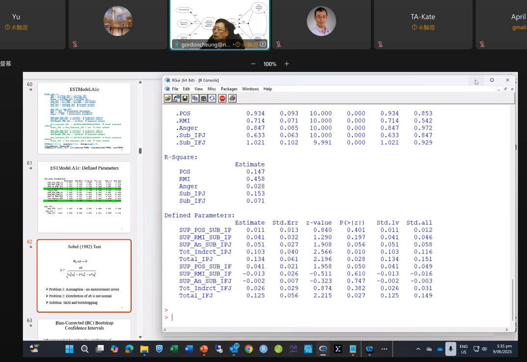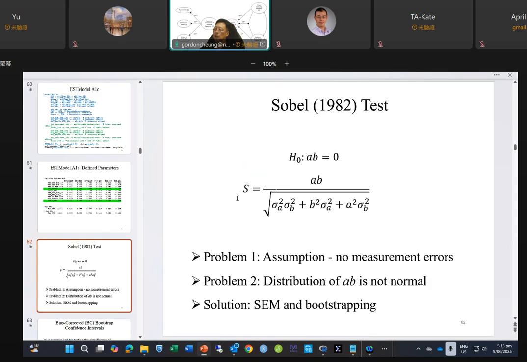is what we call a Sobel test. It uses different ways to estimate the standard errors. I think it is the last term. Sometimes some people suggested that we should add the first term.